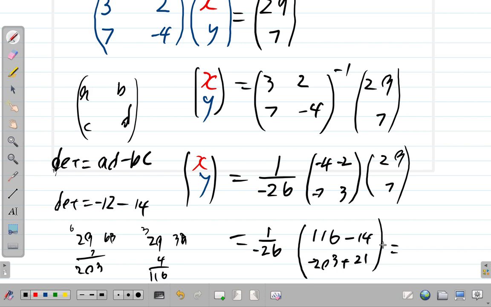Alright. So what do we get here? It's negative 1 over 26 by this new matrix. Oh, this is a negative 116 now. I didn't realize before. Remember, it was negative 4 by 29.